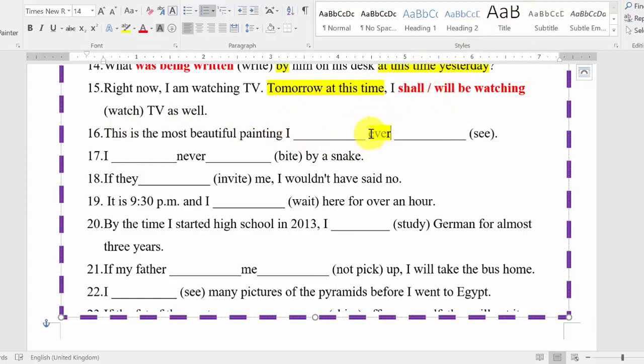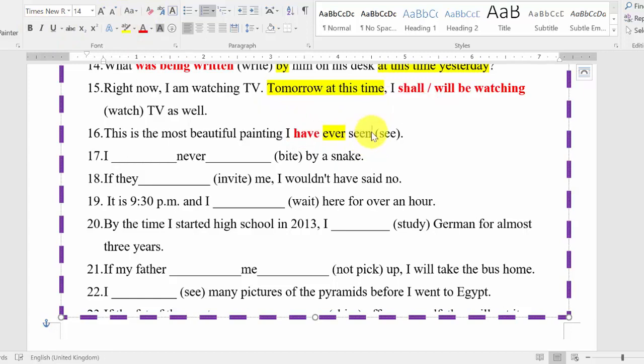This one should be active voice, because this person is looking at the beautiful painting. Active present perfect tense: has, have plus PP. We use the plural verb have. I have ever seen. That's your answer.